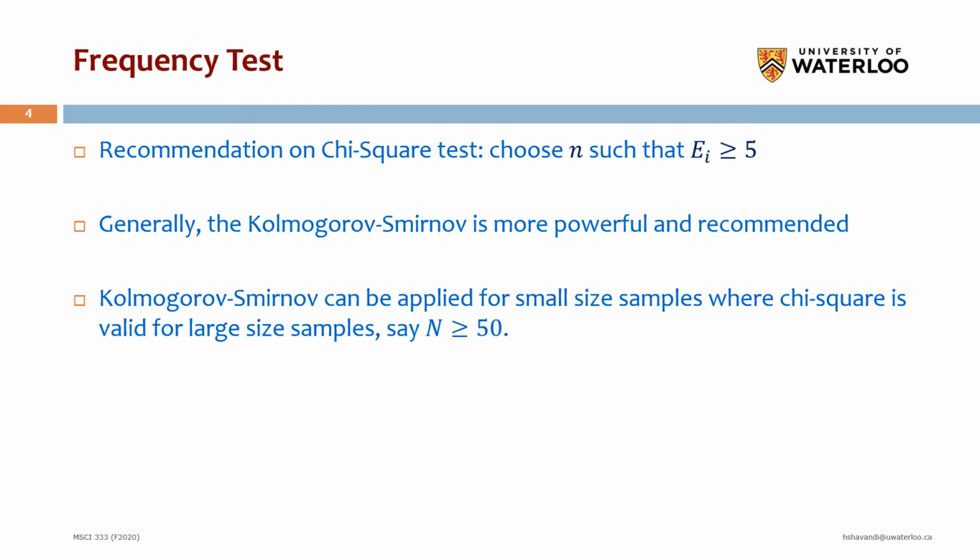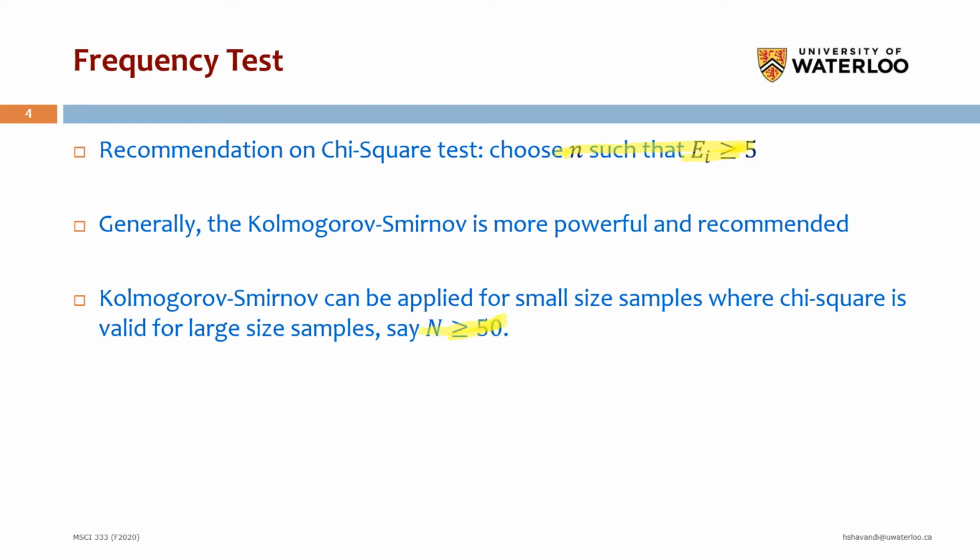As a discussion for the frequency test with the chi-square test, we need to choose n such that EI is greater than or equal to 5. This means the chi-square test will be valid for a sample that includes at least 50 random numbers.